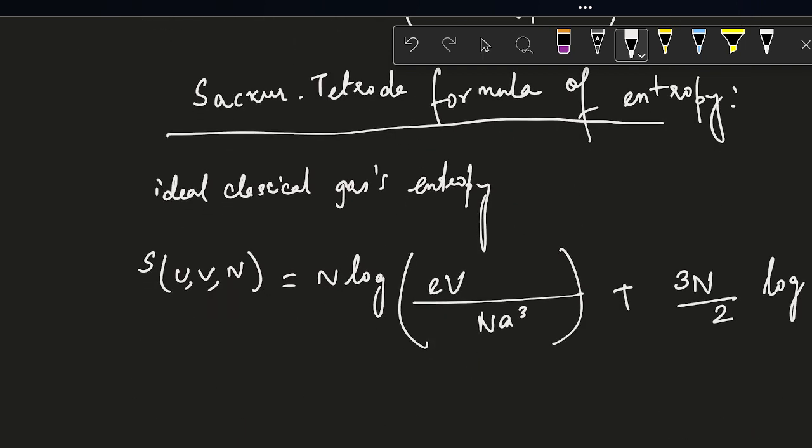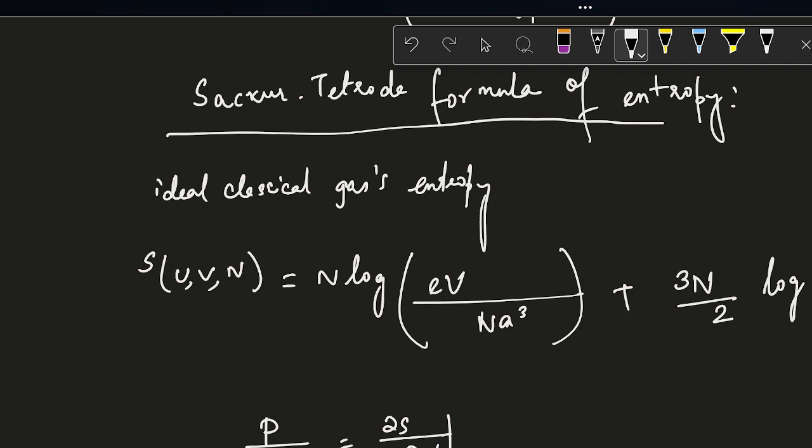If that is the case, then you just have to get the PV by NT, right? So you directly go for P by T, which is nothing but del S by del V at U and N constant, that we already used in the earlier expression. So you have to take a derivative with respect to V. That means only the first term is valid for the derivative.